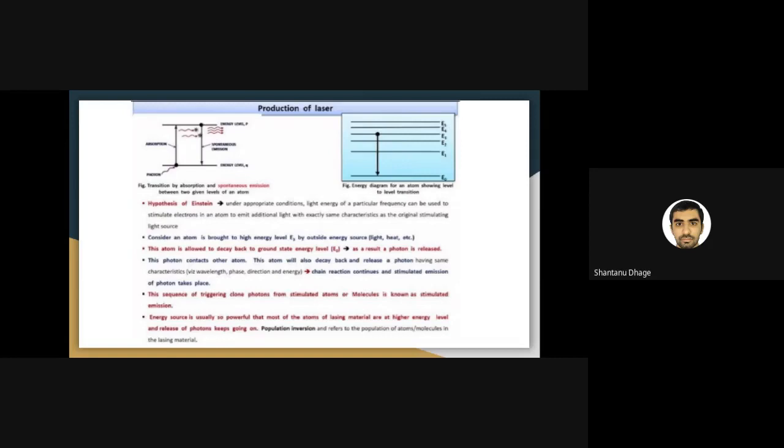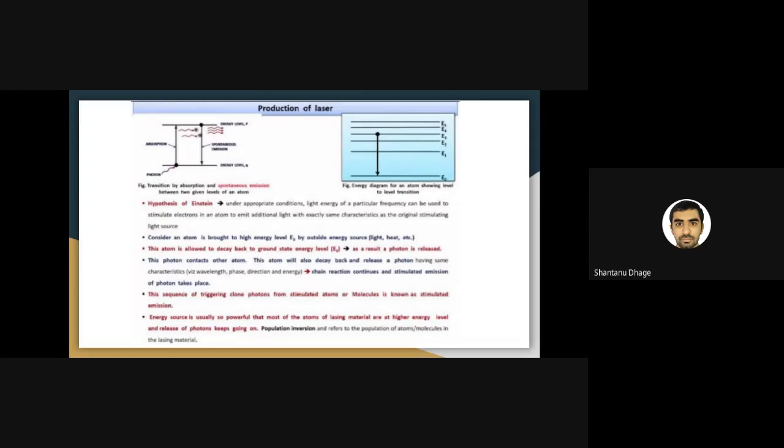This outside energy source can be light, heat, electricity, or some other appropriate source which will stimulate the atoms in the lasing material from energy level E1 to energy level E2.